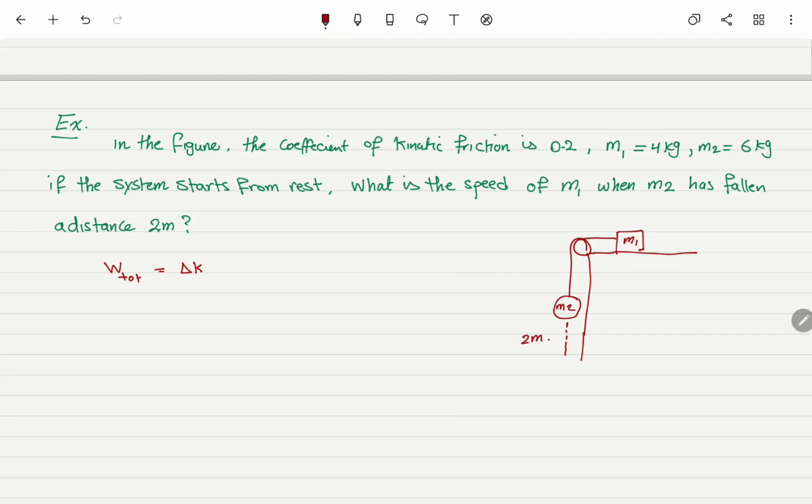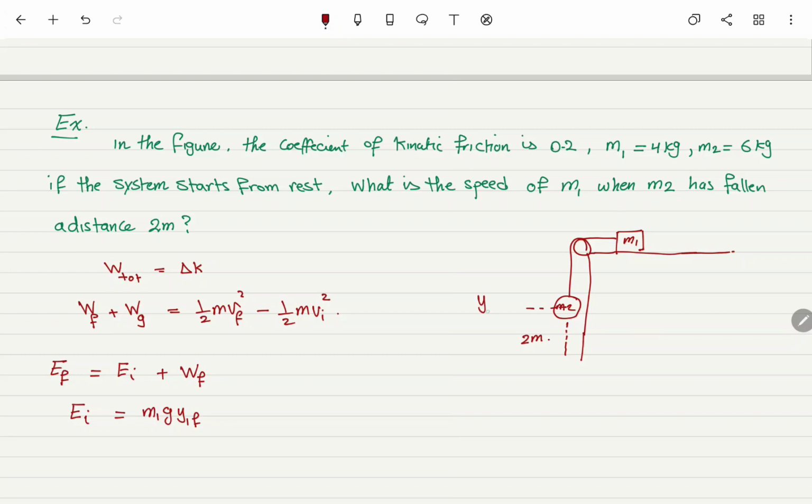So work total equals work done by frictional force plus work done by gravity, equal to half v final square minus half v initial square. Or we can say that E final equals E initial plus work done by the friction.